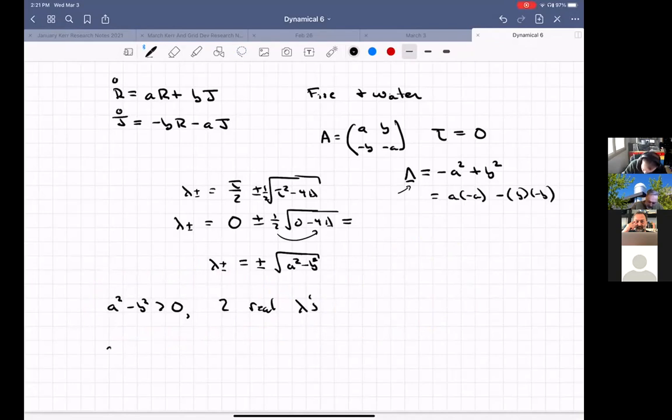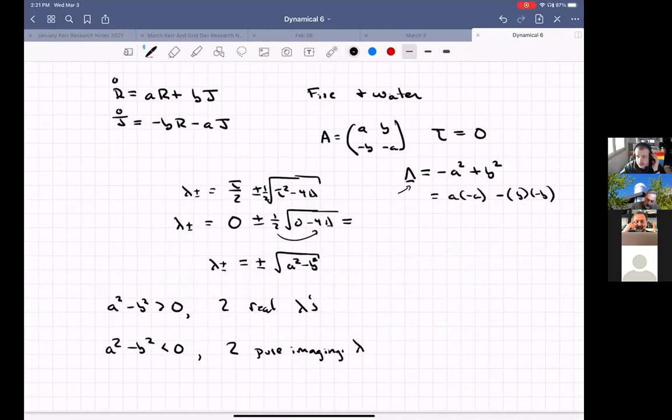And if A squared minus B squared is negative, I have 2 pure imaginary lambdas.